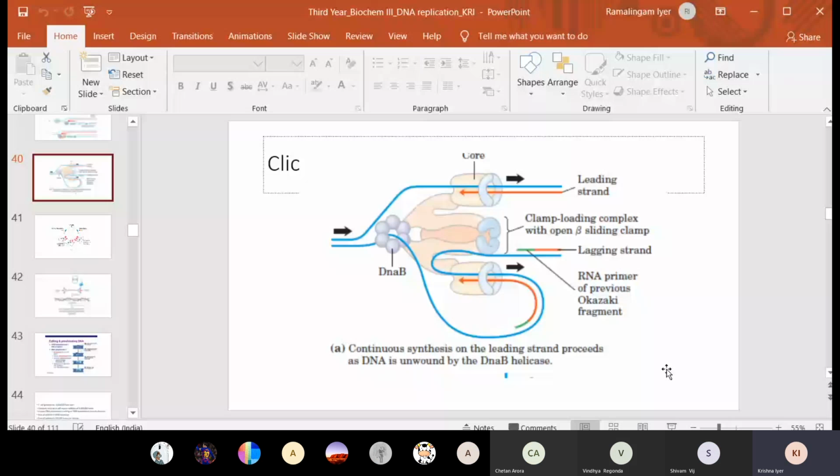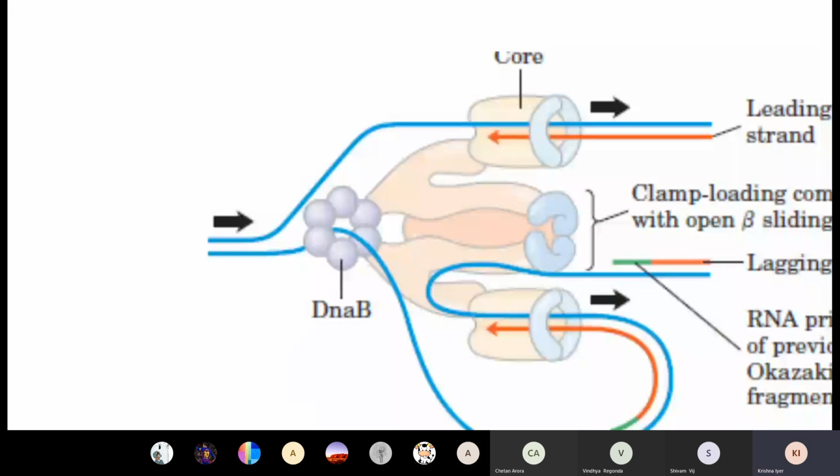How about now? Yes, sir, now it is perfect. And now if I go full screen, how is it now? It is cutting again. Okay, then you don't do the full screen.